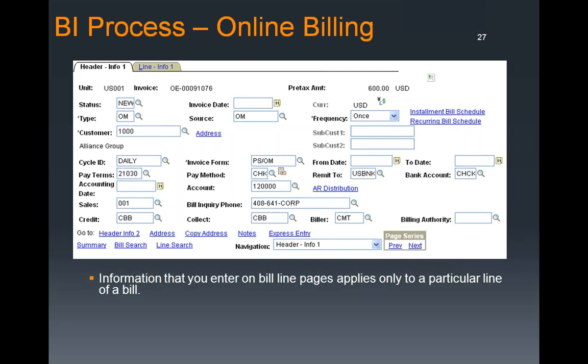Then the customer defaults should override all the defaults. Whatever payment terms were there earlier should be overridden with the customer values, and the invoice form too. Then what about the cycle ID? Because the cycle ID is daily here, but at the customer level it is blank. So blank cannot override the value.